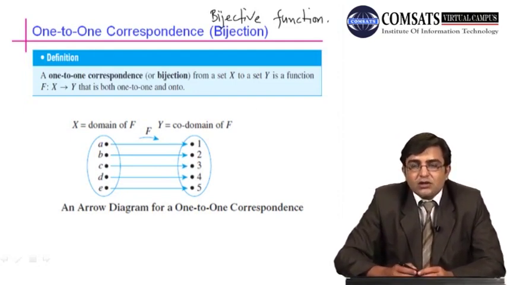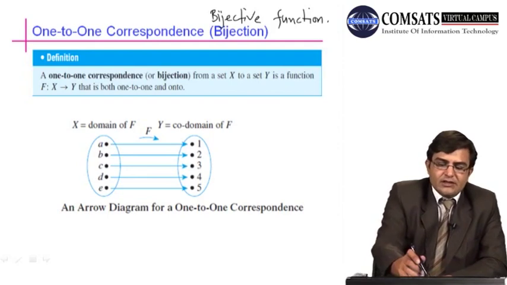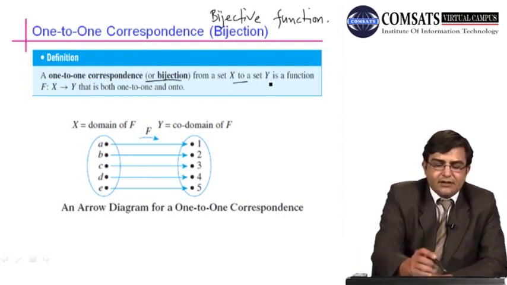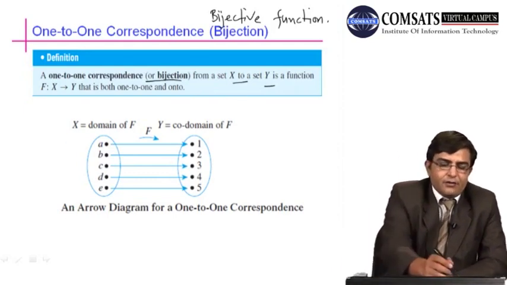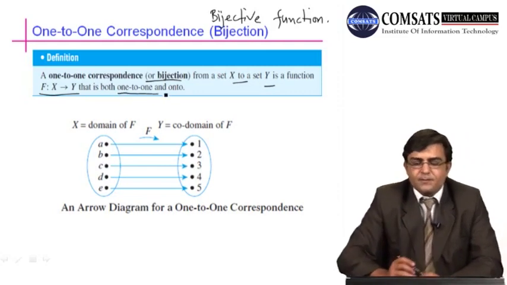What is a one-to-one correspondence between the sets X and Y? A one-to-one correspondence or bijection from set X to set Y is a function f from X to Y which is both one-to-one and onto.